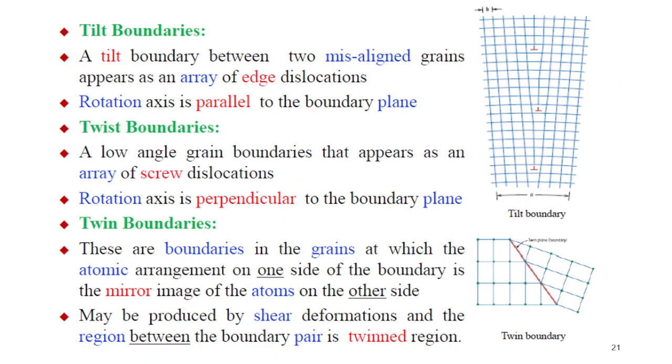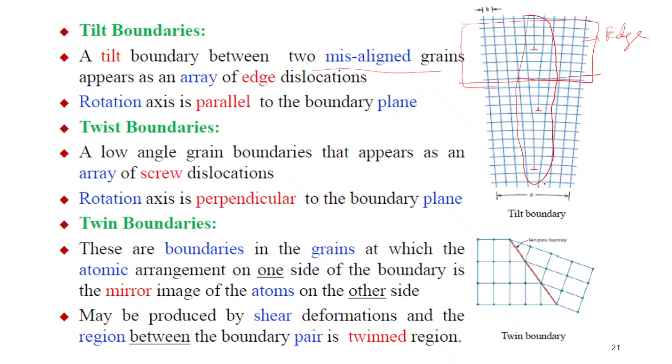Then we have tilt boundaries. So tilt boundaries are within the grains. They are usually two misaligned grains appearing as an array of edge dislocations. Sorry, two grains, not a single grain. So it will be somewhat like this. If there is a single dislocation, then we call this edge.